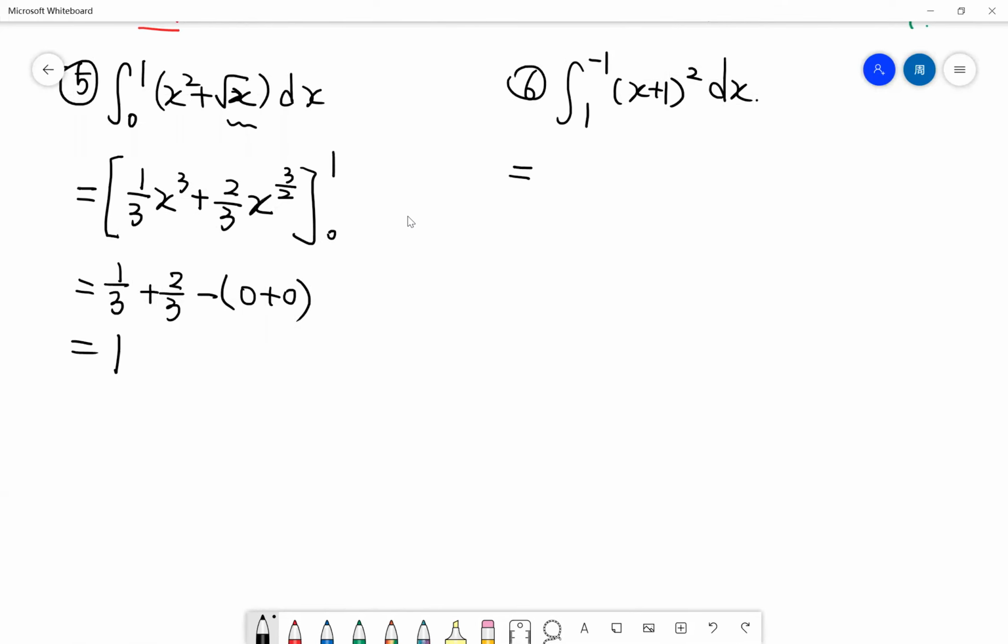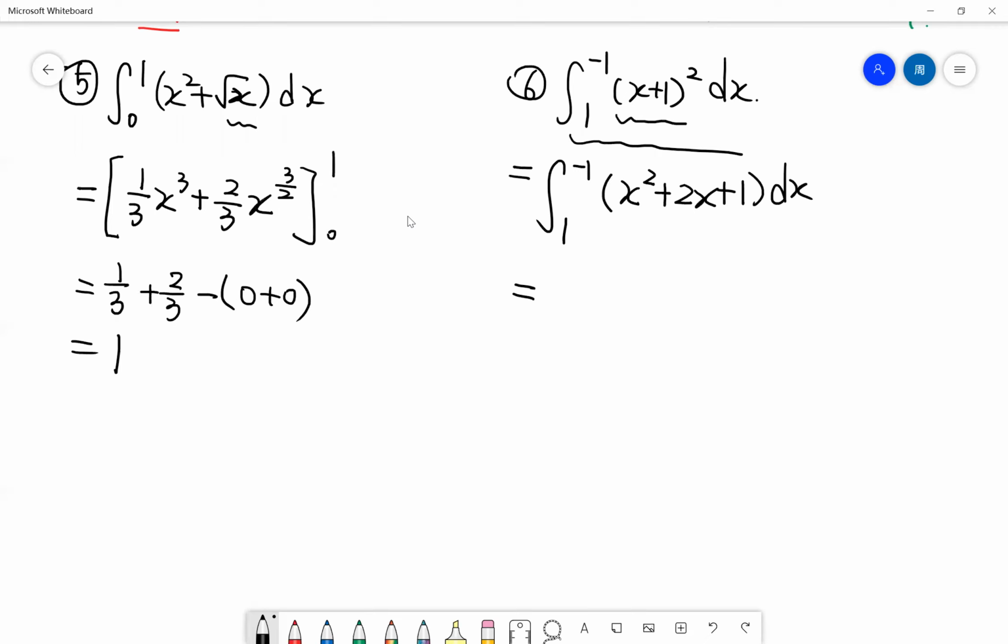Few of you sent the result of number 6 into the WeChat group. So first, if you want to calculate this definite integral, we should know what (x+1)^2 means. We know that means the integral from 1 to -1 of x^2 + 2x + 1 dx, right?